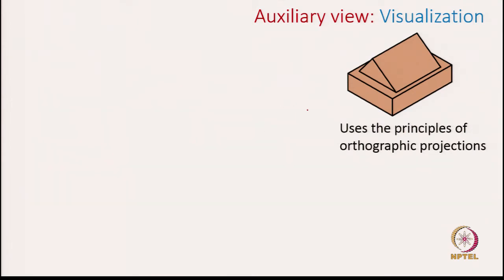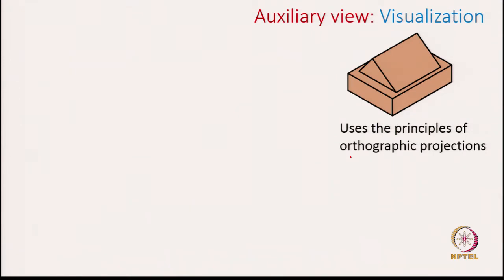So, again we are saying that we use the principles of orthographic projections. As we discussed previously, we place the object in a glass cube and try to capture the views on the surfaces of this cube, and we will do the same process again to capture the auxiliary view. So, let us look at it with an example.